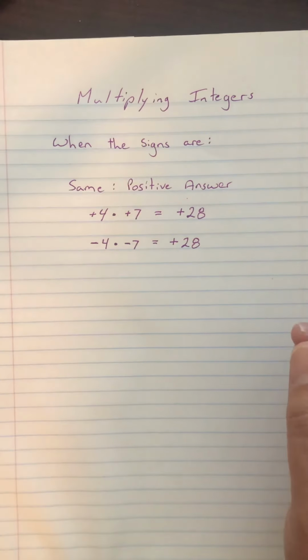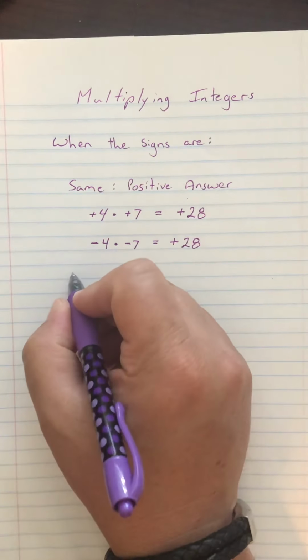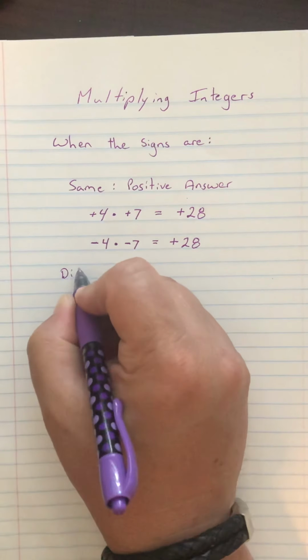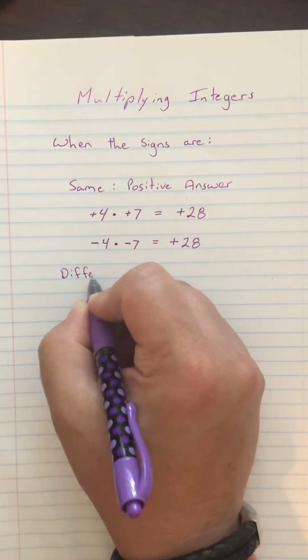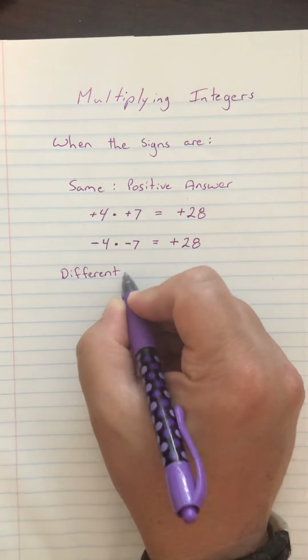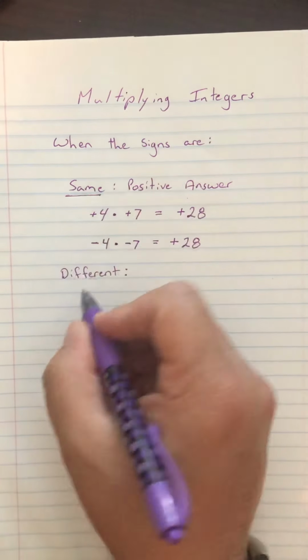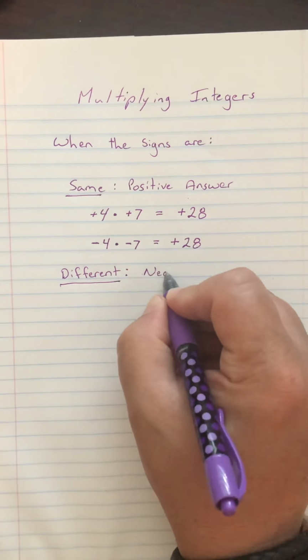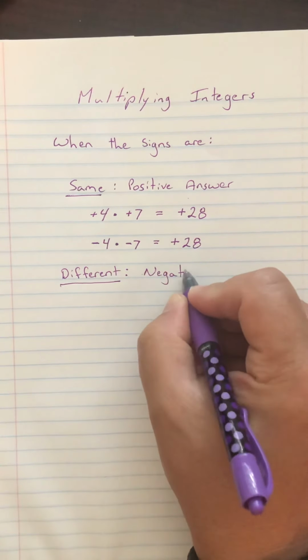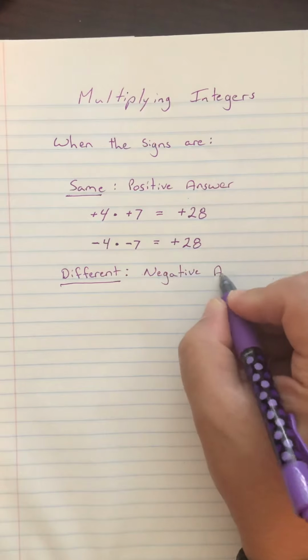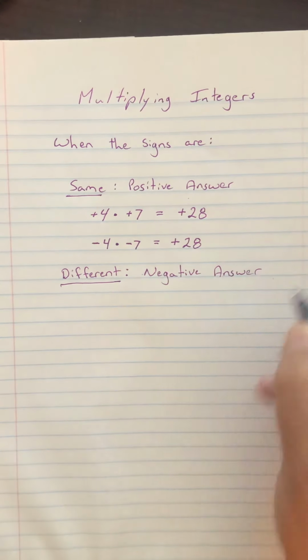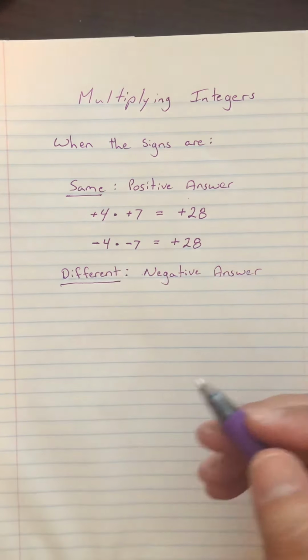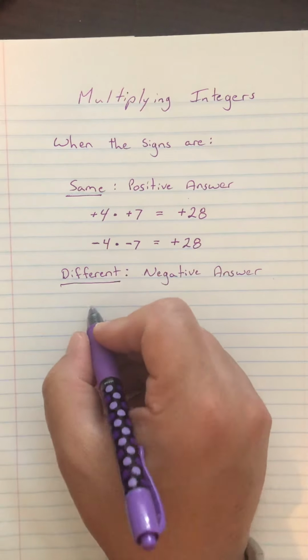It's automatic. The flip side of that is if they are different signs, so this is the same, this is different, it's automatically a negative answer. So we'll go with the same numbers. We'll just mix up the signs here.